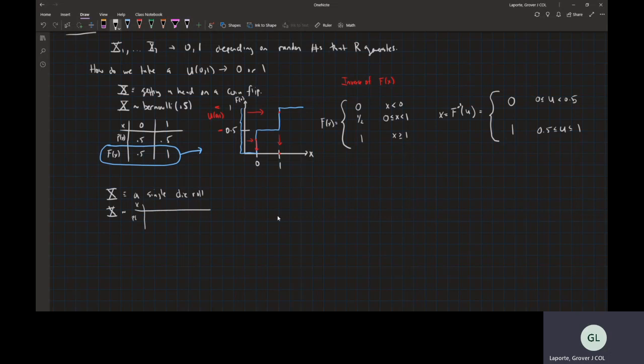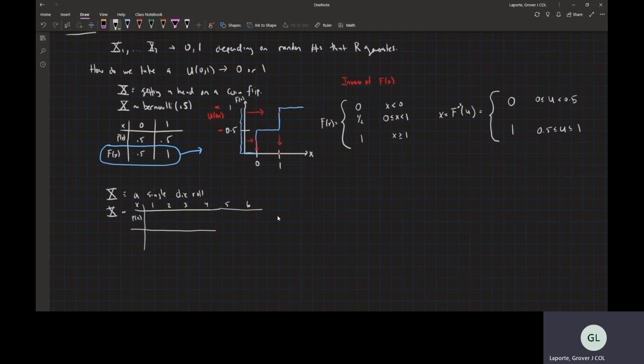So x, p of x. It might be smart if we didn't assume a fair die. Maybe we have one number that lands more than another, and maybe we can see something a little bit different. Yeah, let's do that. Let's create ourselves an unfair die. 3, 4, 5, and 6.